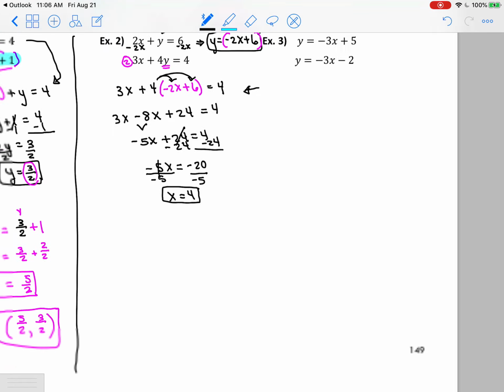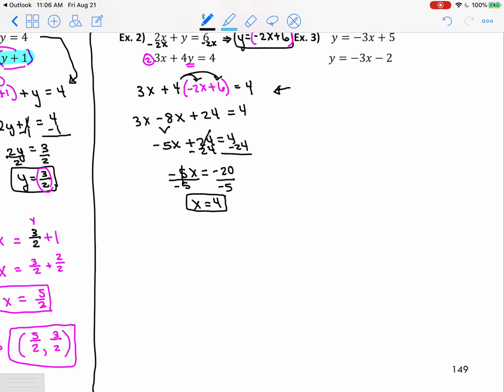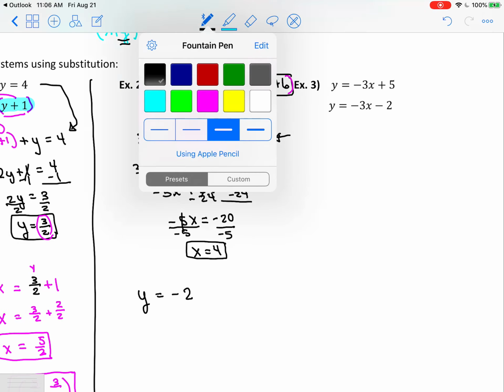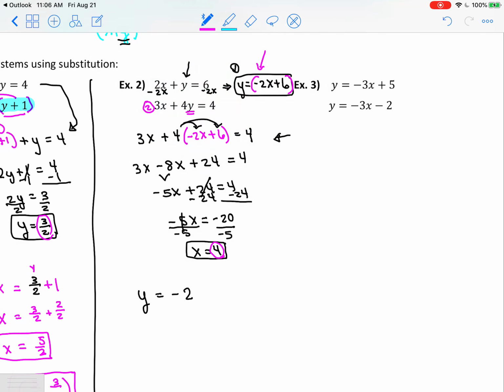Okay, so we have our x value, and now we just need to find our y value. And we can see once again that equation number 1 is set up very, very nicely for that, right? It's already in terms of y, so y is equal to negative 2. Now instead of putting an x in there, since I already know what x is, I can plug my 4 in.